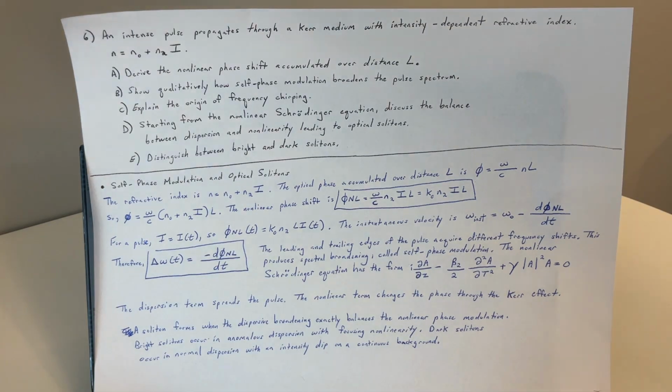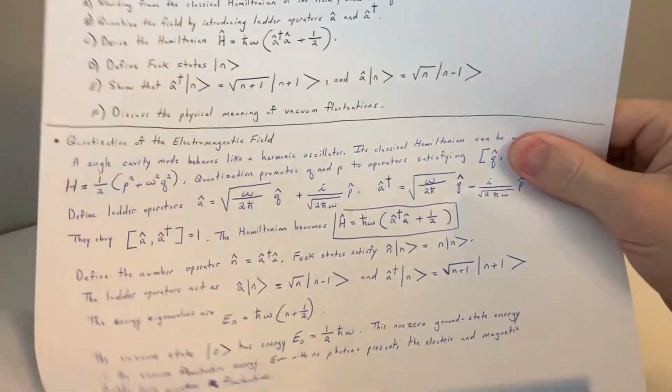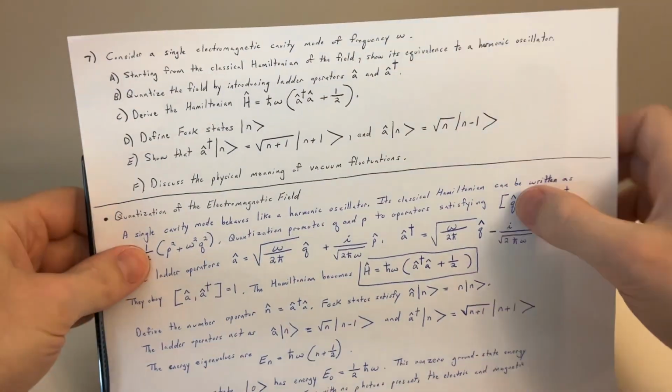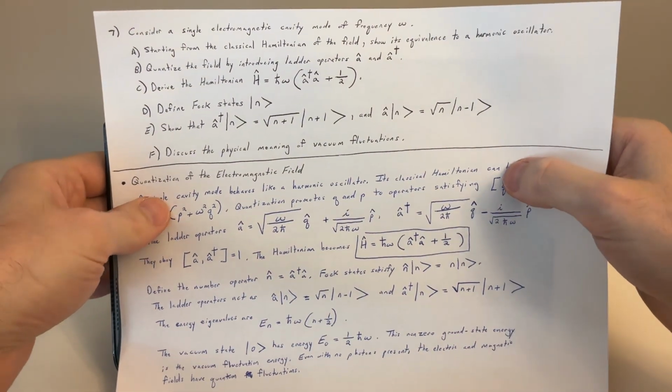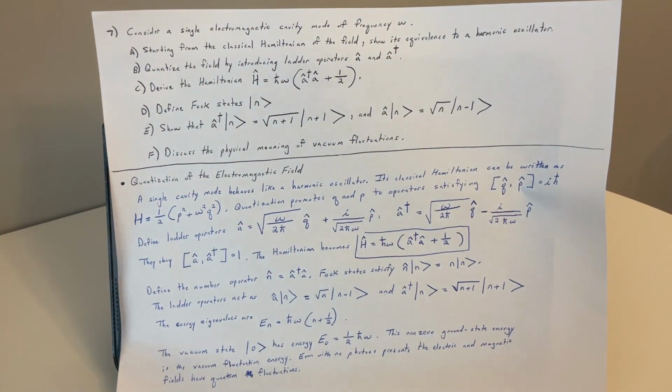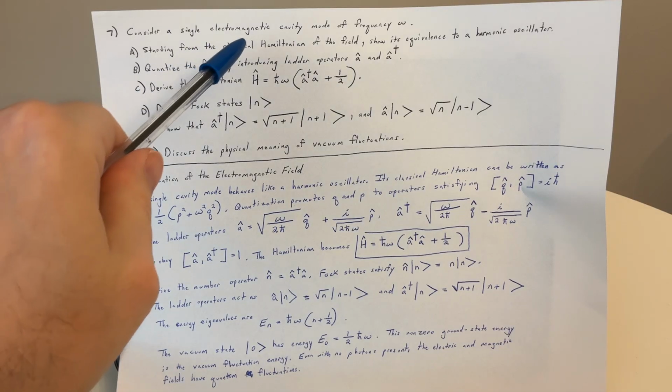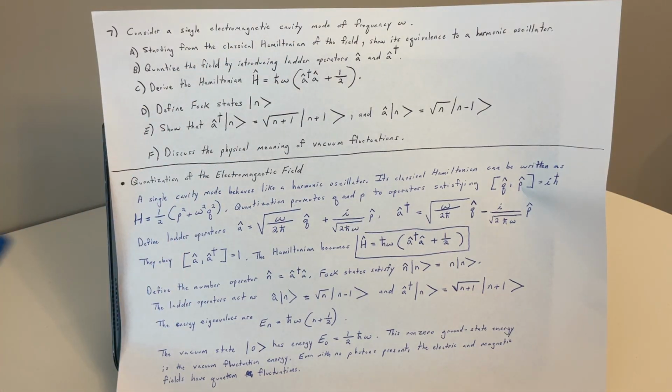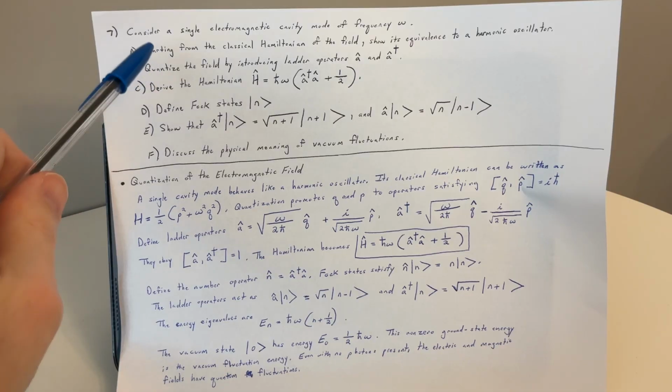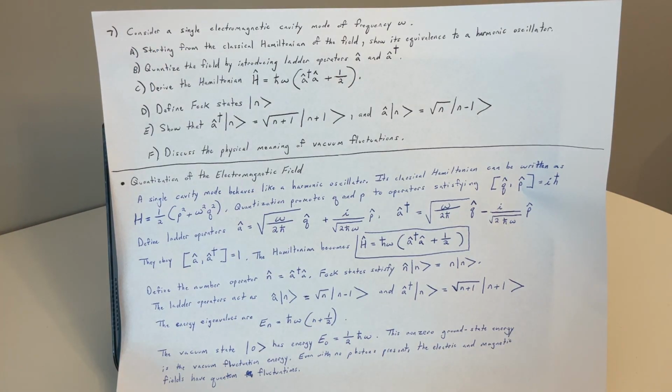And let's move along to 7. Okay, number 7, consider a single electromagnetic cavity mode of frequency omega. Part A, starting from the classical Hamiltonian of the field, show its equivalence to a harmonic oscillator. Part B, quantize the field by introducing ladder operators A hat and A hat dagger.